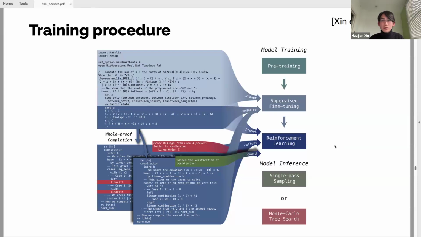And I want to stress the reinforcement learning stage: given an incomplete formal proof and the ground truth tactic state from the proof assistant, we roll out the language model to generate several different completions to this proof, and we verify them with the proof assistant to decide whether the proof is correct. And the correctness constitutes the binary reward for the reinforcement learning procedure.